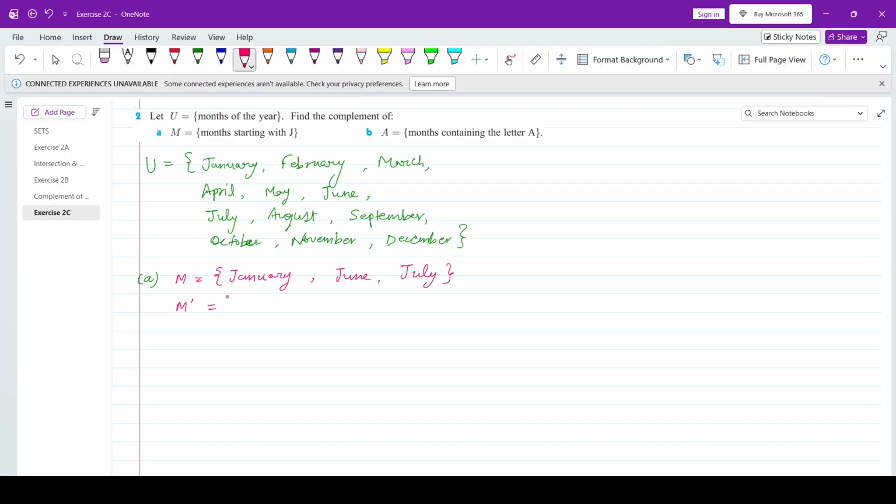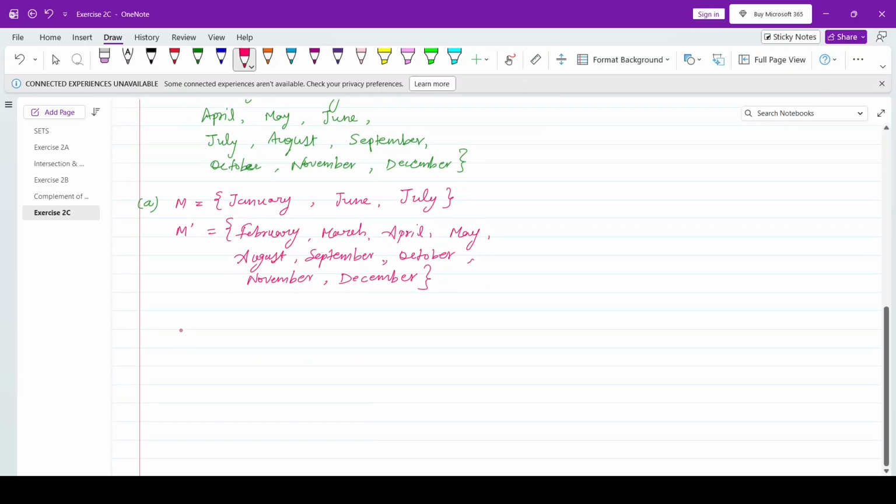So M prime or M complement will be February, March, April, May, August, September, October, November, and December. This is for part A.